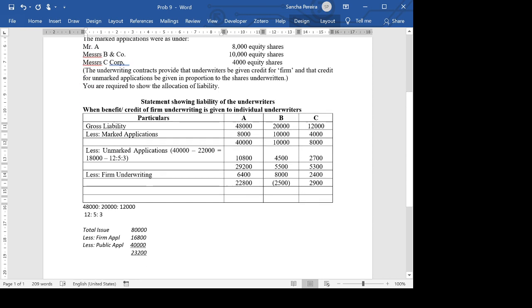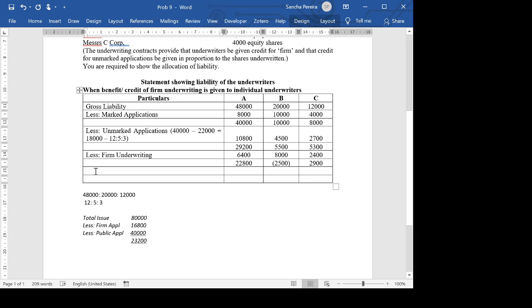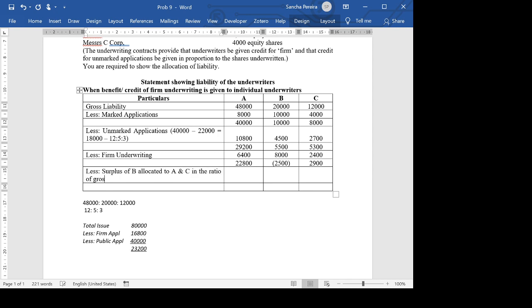So the next thing I need to do is divide the surplus of B to A and C, because we have minus everything. We have minus marked, unmarked, and firm. So less surplus of B allocated to A and C in the ratio of gross liability. So we need to divide 2,500 in the ratio of gross liability. Gross liability of A and C is 12 is to 3.